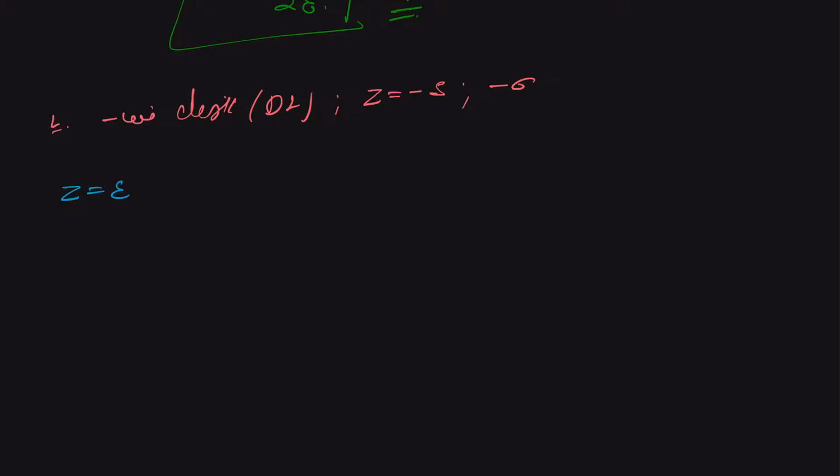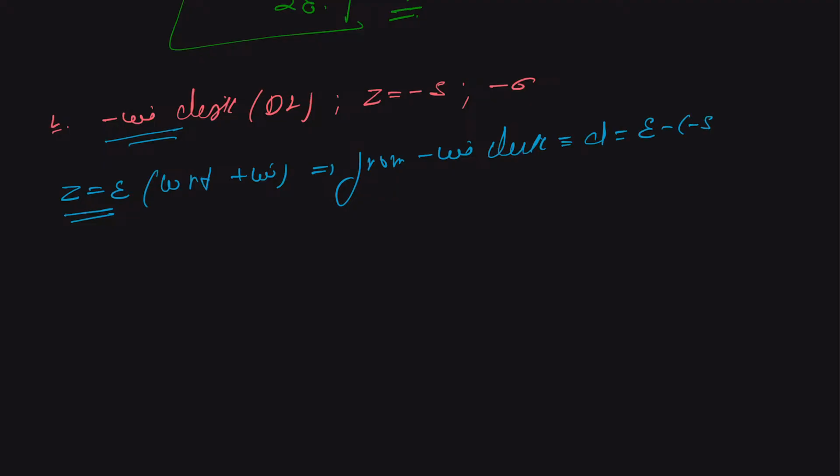Because this distance is measured with respect to the positive disk but we are calculating with respect to the negative disk, the distance from the negative disk, say D, will be equal to epsilon minus of minus s, which comes as epsilon plus s. Since epsilon is very small, this is approximately equal to s. So this is our approximation part.